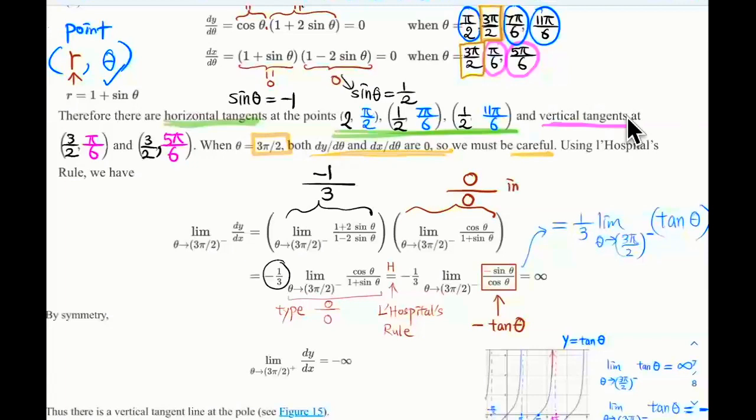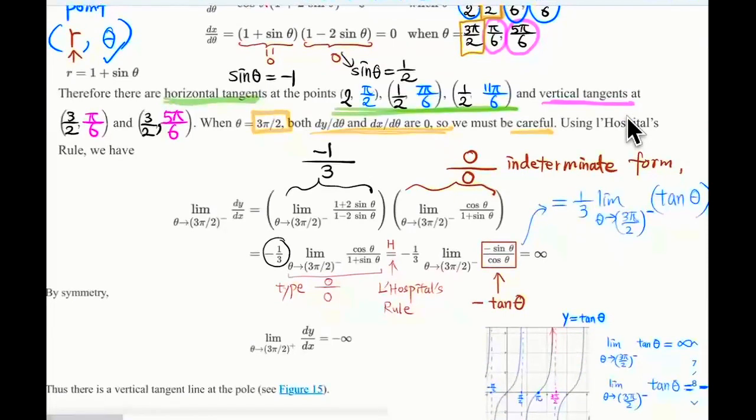Indeterminate. Yeah, you can remember that. Tell your next teacher. I'm your teacher. Indeterminate form. Did I spell this right? Okay, good. So indeterminate form.